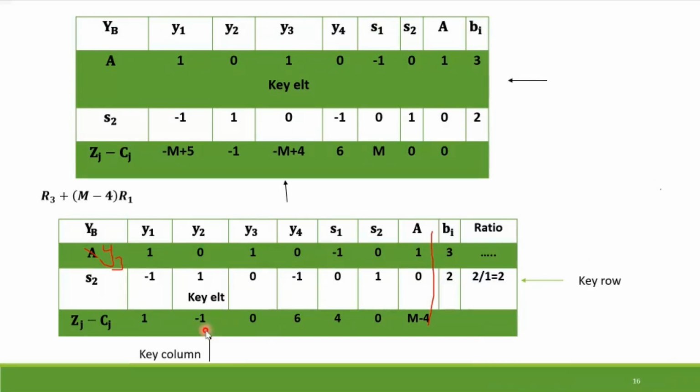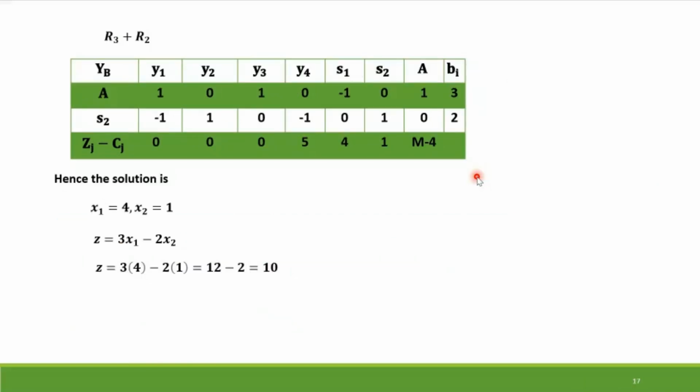By R3 plus R2 we will make this 0 and then everything will become positive. We will get the final answer. Once there is no 0 under A, you can just cancel that. Here 1 is not changing because the key element is already equal to 1, so we're not dividing by that. But now this 100 has come to the Y3 column, which means that A has gone out of the basis. This is the final step.